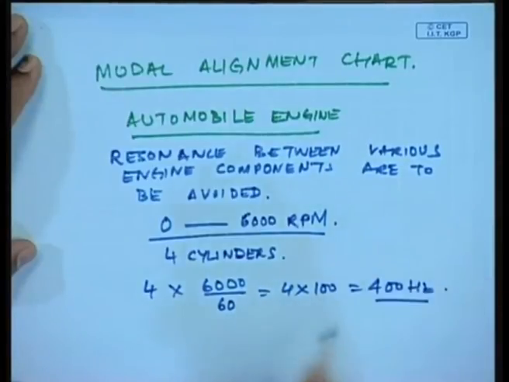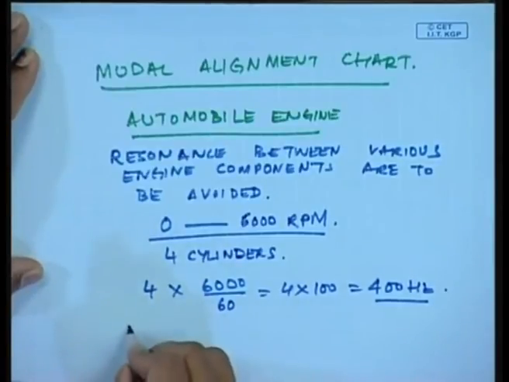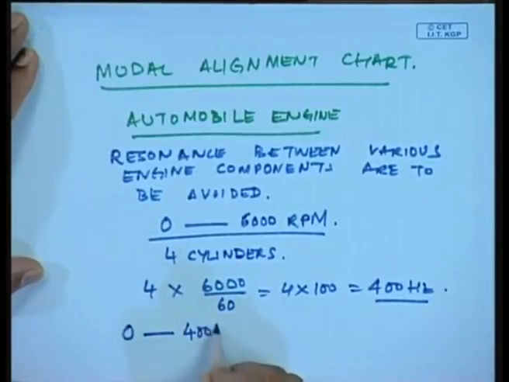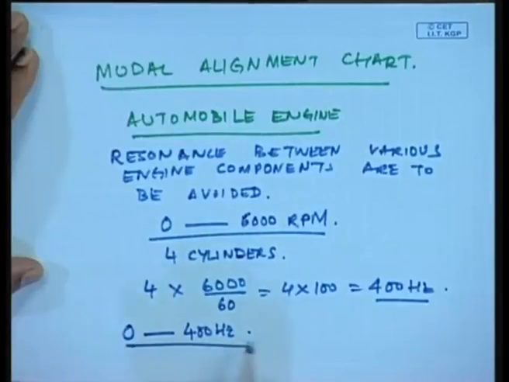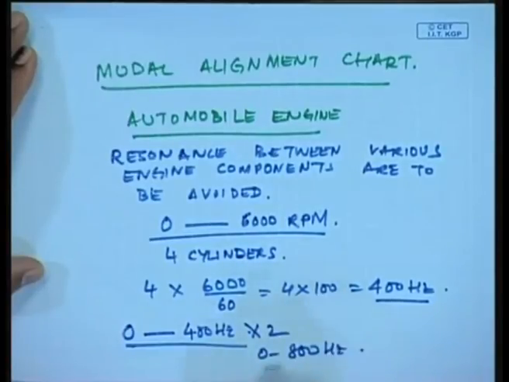This is the maximum operating speed. So, maybe we should not have any resonating components in this band, or maybe just to be on the safer side, twice of this. So, 0 to 800 hertz.